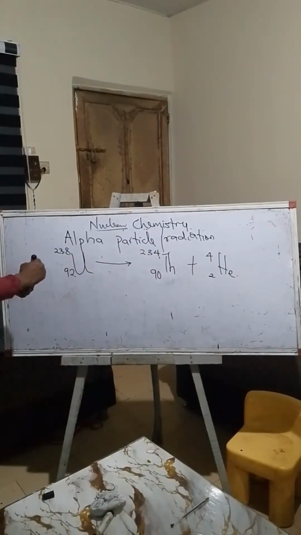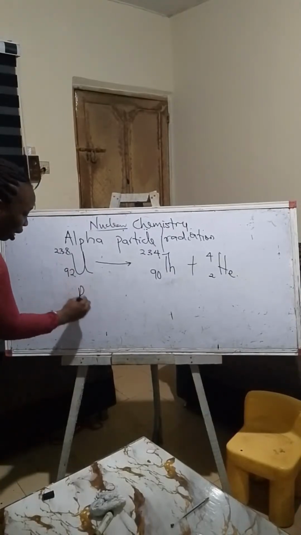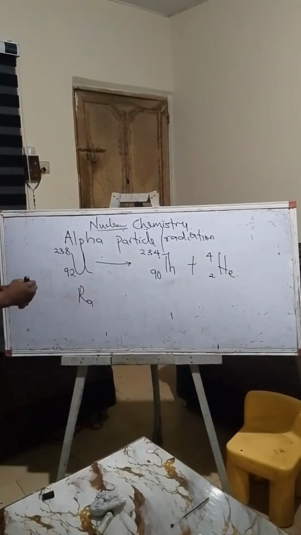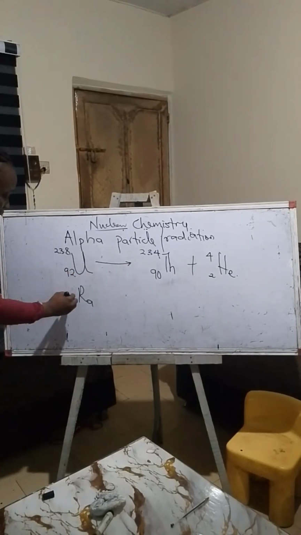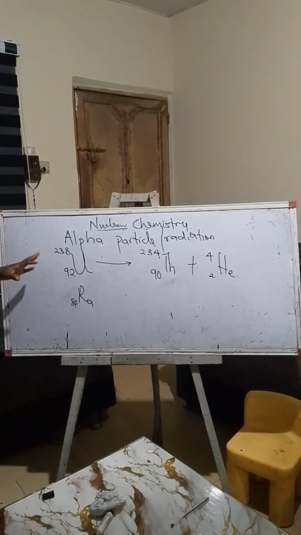You can have radium. I think the atomic number for radium is around 84. Someone should check the atomic number for radium for me.